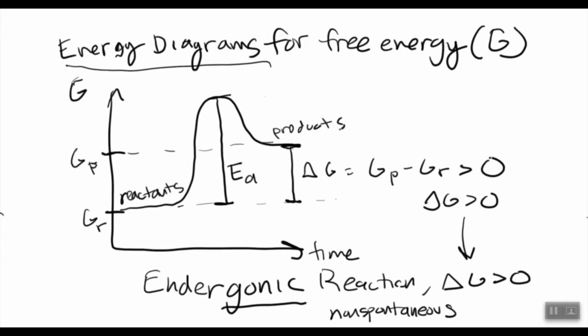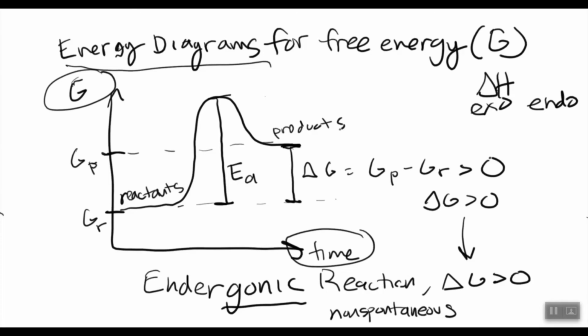Now, you might see these in some places, and we've definitely seen these before for delta H when determining whether a reaction is exothermic or endothermic. But in this case, we're looking at G. So in this graph, G is the y-axis, Gibbs free energy.